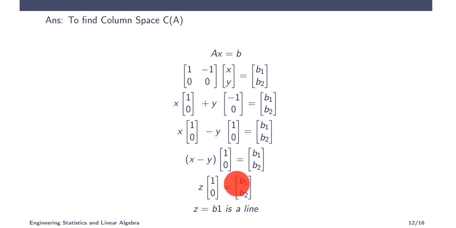So B1 can take all the possible points from minus infinity to plus infinity, but this part is only 0. So all combinations will be there in the vector itself, and the linear combinations will be in the same vector. So this is called the column space.